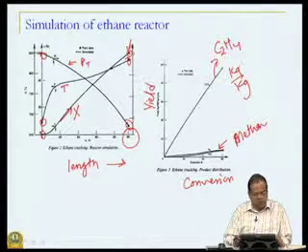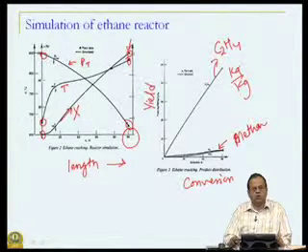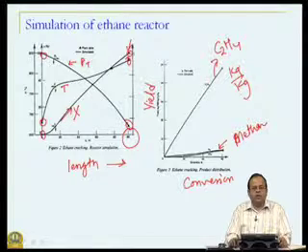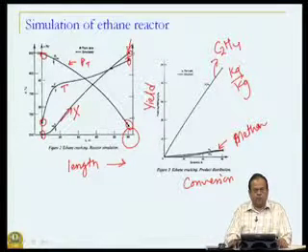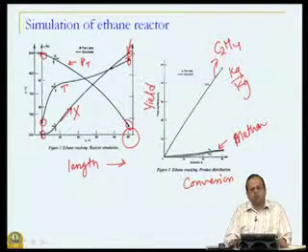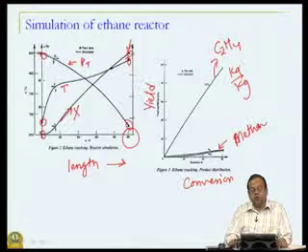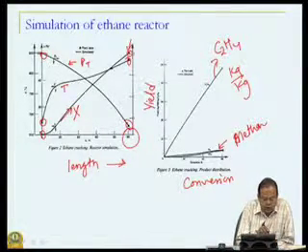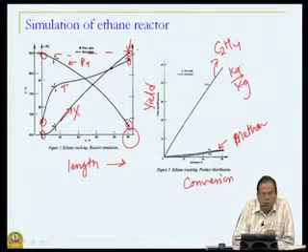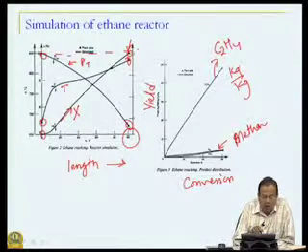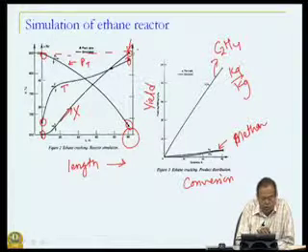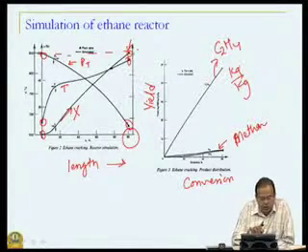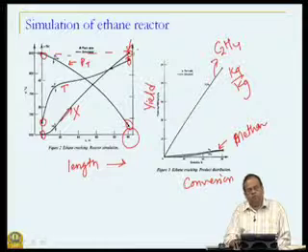Okay. So, this is as far as the design of an ethylene reactor is concerned. What we saw here is basically a homogeneous reaction, so not much is to be expected in terms of transport, but still transport is indeed important. If you look at this simulation, if you had assumed constant pressure, you can imagine how much off the results would have been, because the pressure is actually decreasing by more than 50%.